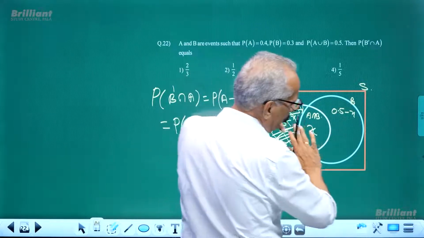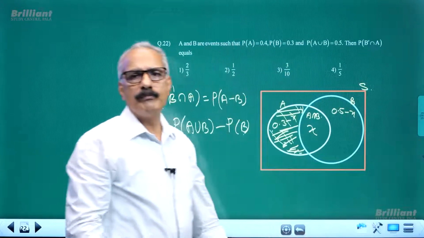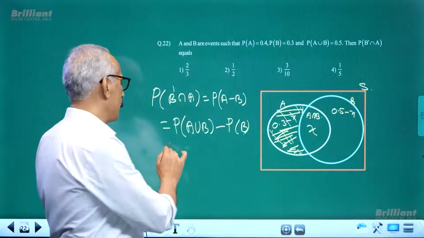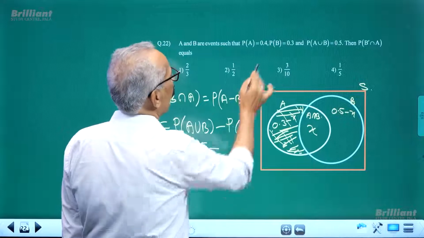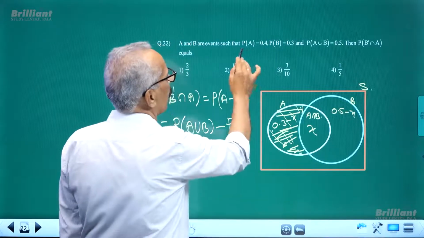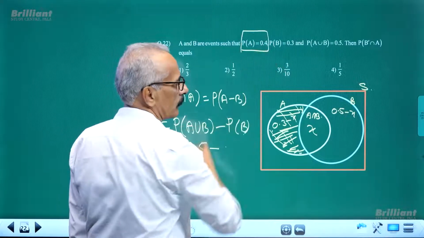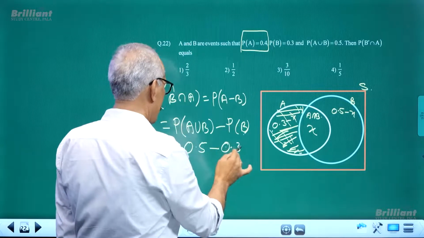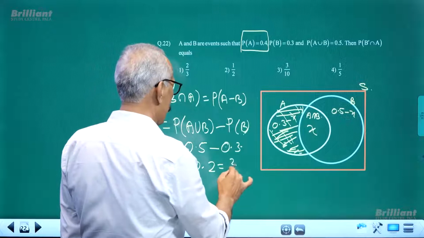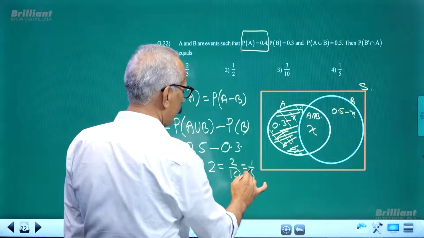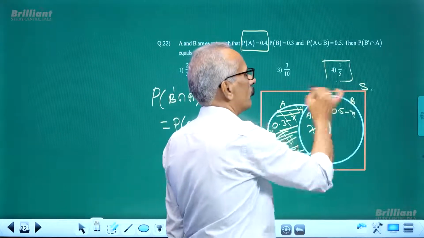From white and blue, remove that entire blue. So that's P(A union B), which is given, 0.5, minus probability of B, 0.3. That's equal to 0.2, which means 2 divided by 10, means 1 by 5.